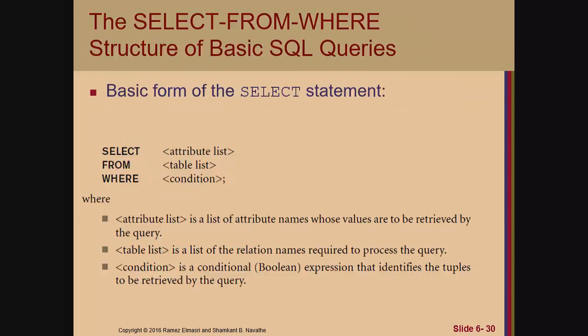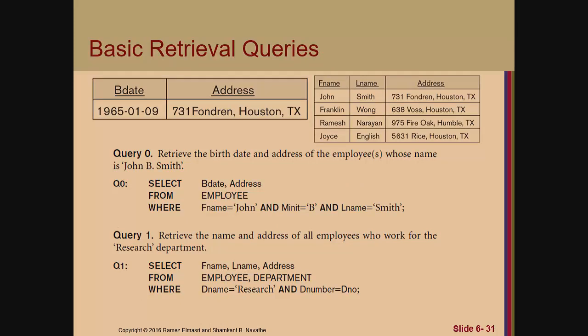I'm not sure. Let's see. Okay. Select. We project just only 2 columns, birth date and address. And here from the employee table with the condition where first name John, middle B, and last name Smith. 3 conditions, and we use and.